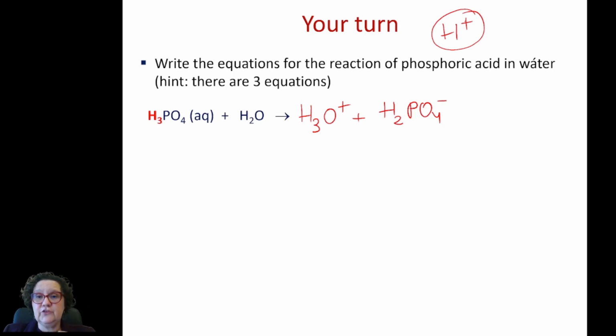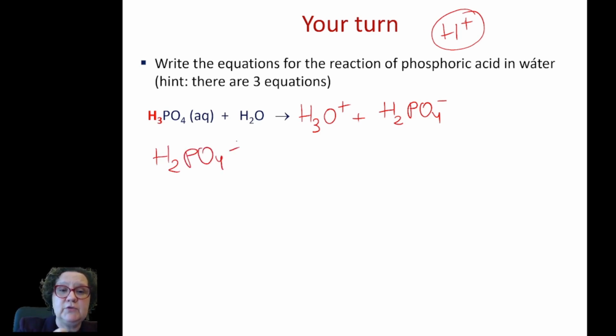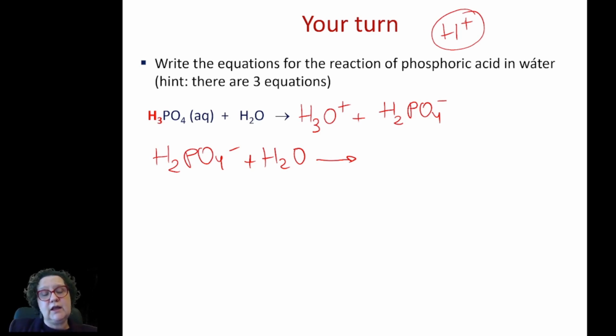You still have hydrogens in your structure. This dihydrogen phosphate still has hydrogens, so it can react with another molecule of water to donate more hydrogen ions. So you can see I go one at a time, not the three at the same time, because each hydrogen ion goes to a different molecule of water to form H3O plus, the hydronium ion. So I've got another molecule of water. And again, the hydrogen from the dihydrogen phosphate gets donated as an H plus to the water that accepts it, and forms H3O plus.